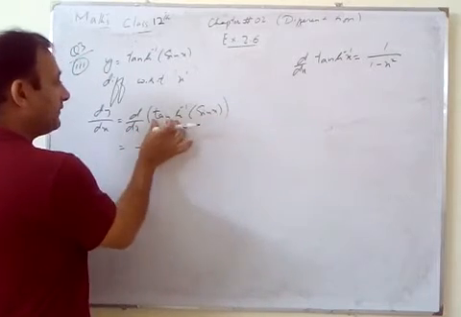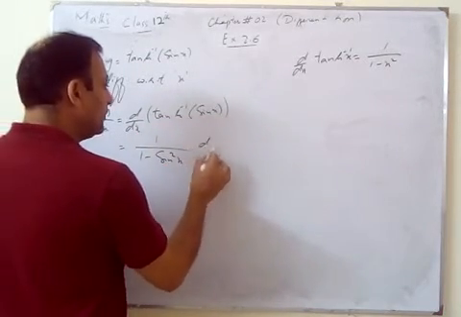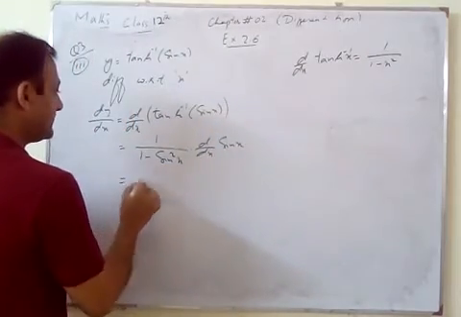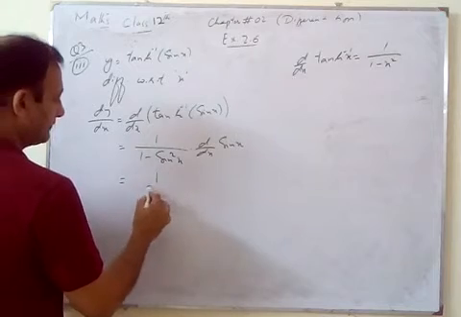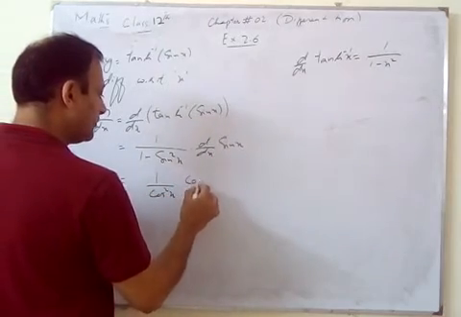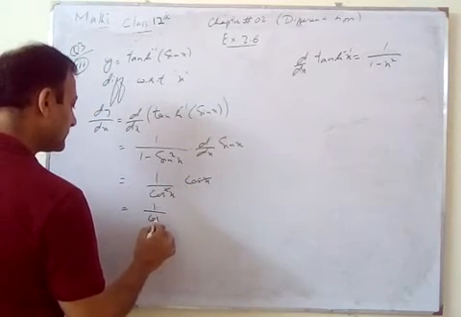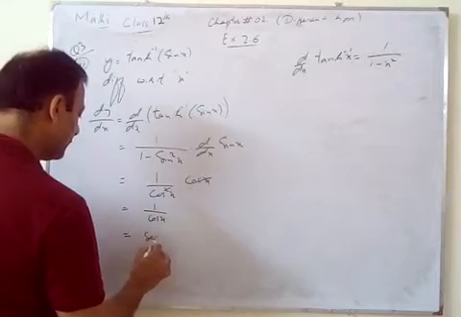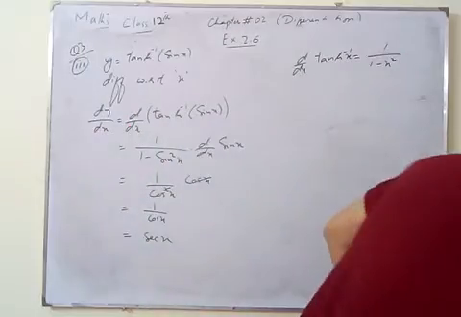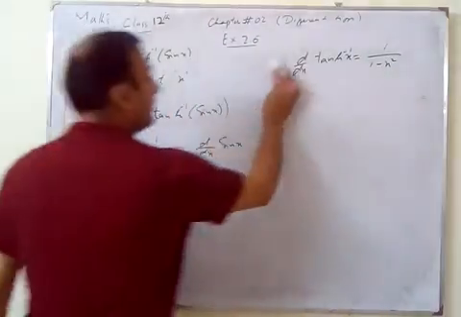So the derivative of this function is 1 over 1 minus sin square x, into derivative of sin x. So 1 minus sin square x is cos square x, and the derivative of sin is cos x. So this cancels, and we get 1 over cos x, or it can be written as secant x. So this is the way to differentiate this.